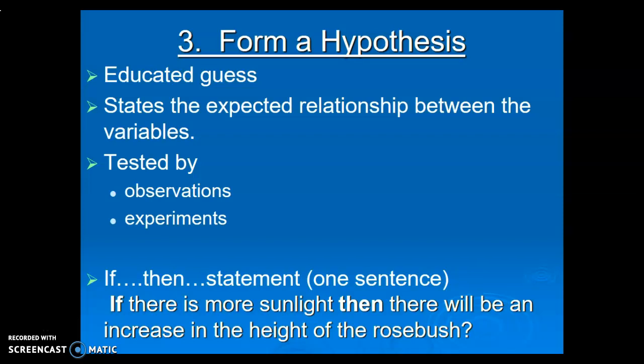So it's very important that when you're writing up a lab report, you write this as an if-then statement. So it's a complete sentence that begins with the word if, and then you say something like, in this experiment, for example, we say if there is more sunlight, then there will be an increase in the height of the rose bush. So that's our hypothesis here. You can see we have an if, and then we have a then.